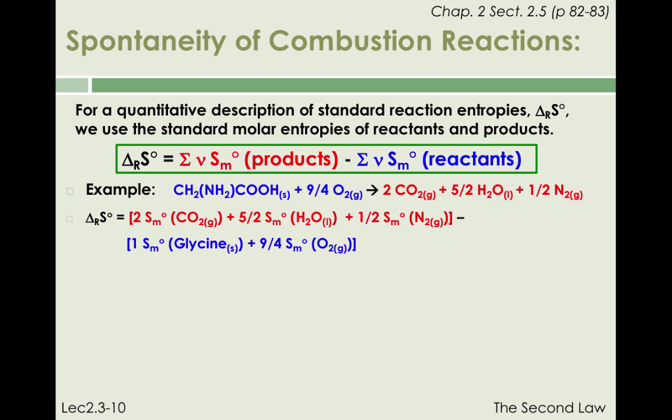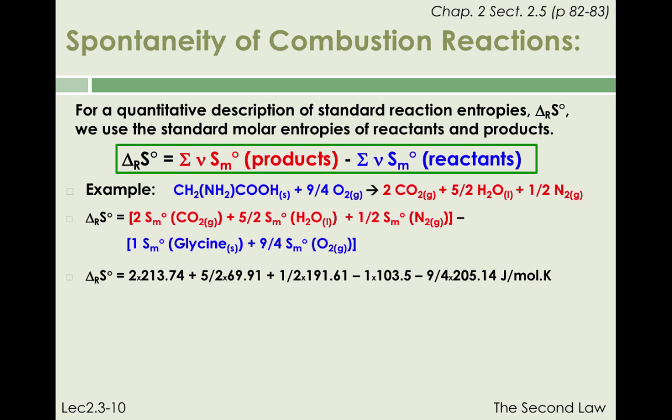Using the molar entropy values listed in the appendix of your book, we get ΔrS standard equals 2 times 213.74 plus 5/2 times 69.91 plus 1/2 times 191.61 minus 1 times 103.5 minus 9/4 times 205.14, equal to 133.0 joules per mole per Kelvin.